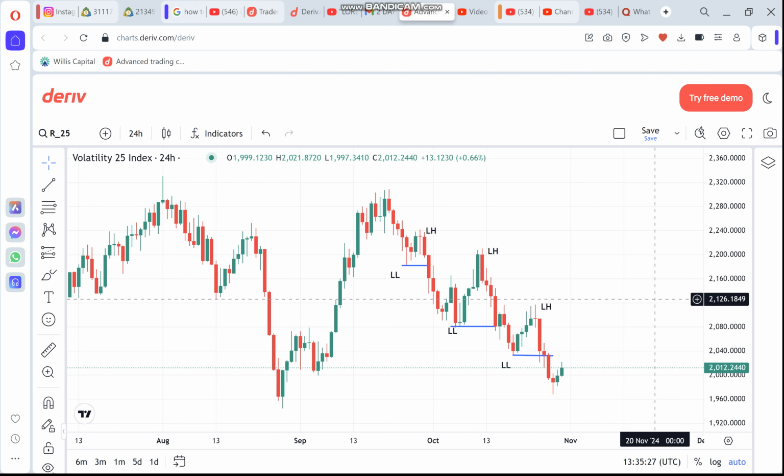Now, when making any analysis, one must consider the market structure on the higher time frame, but also order flow, and from there a trader can then move to the working time frame to execute trades based on the daily or higher time frame order flow and market structure.